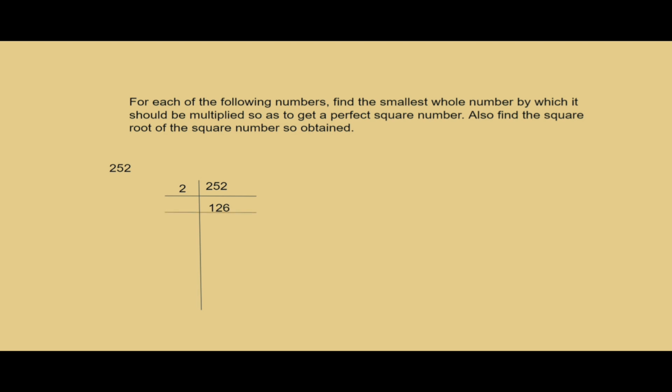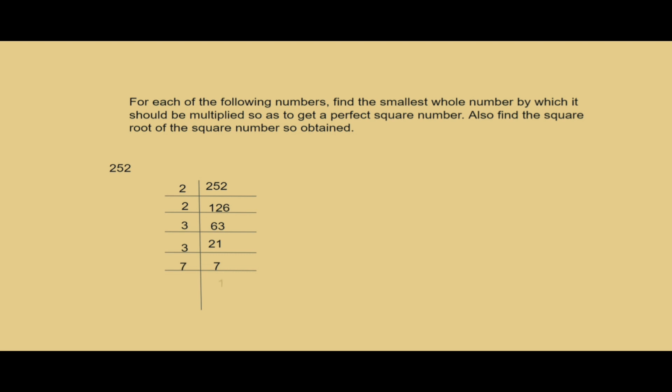It is again divisible by 2. Dividing it by 2, we get 63. 63 is divisible by 3. We get 21. Dividing 21 by 3, we get 7. 7 is divisible by 7 only.